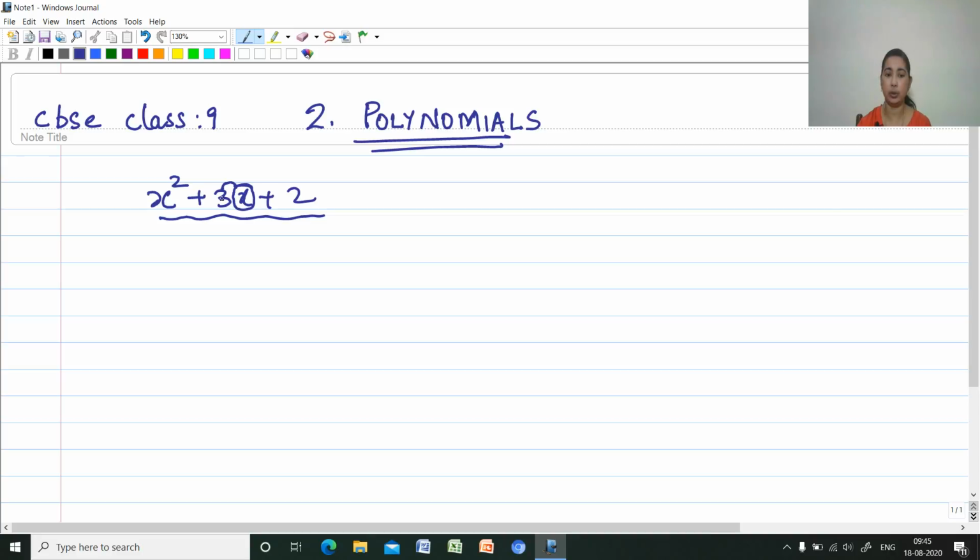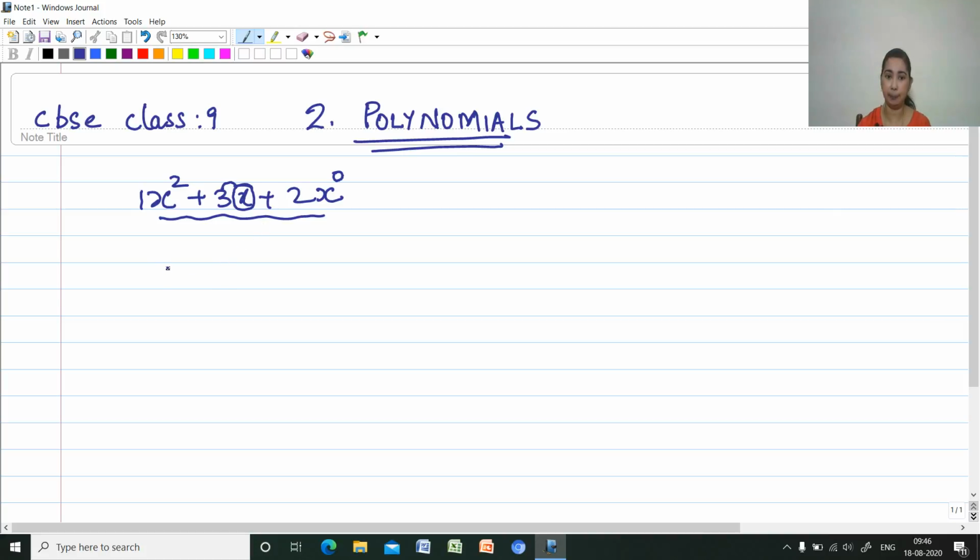The number written along with x is called the coefficient. The coefficient of x squared is 1. And the constant term means the power of x will be 0.